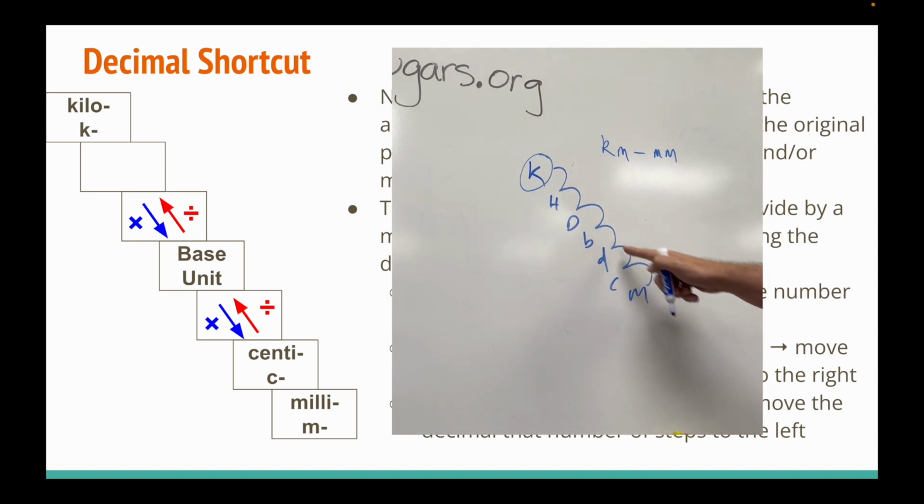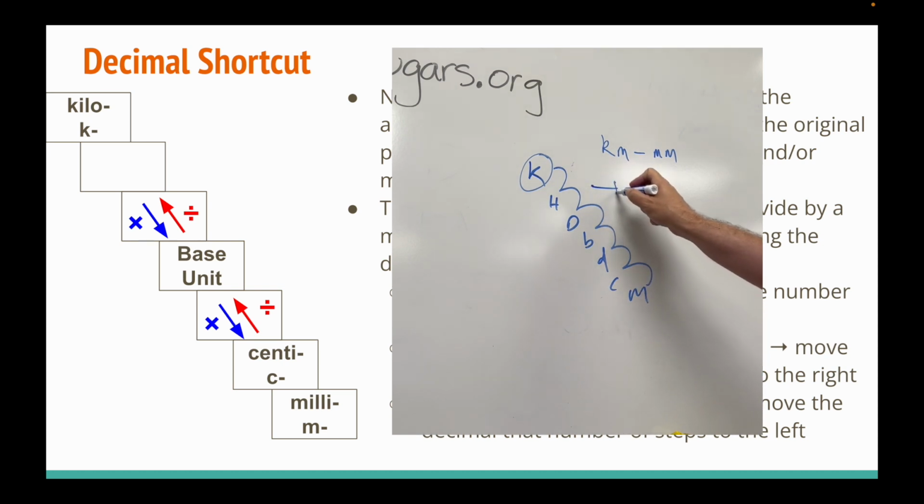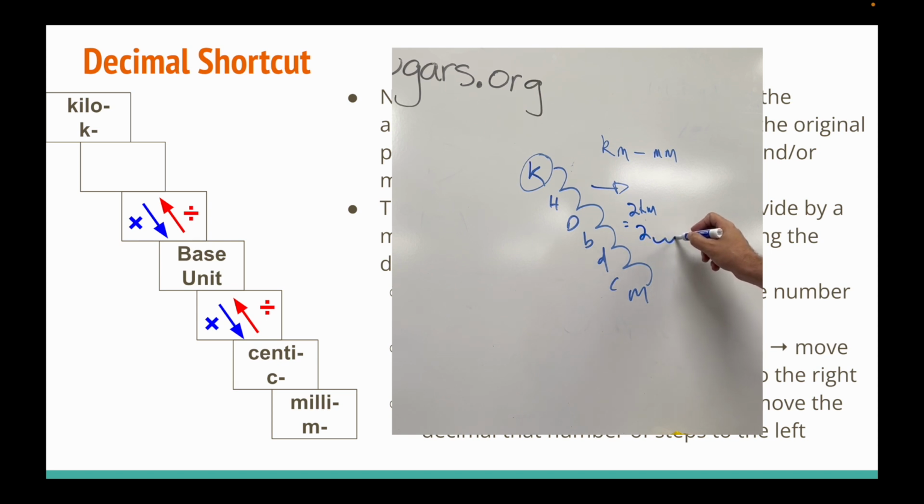I'm going to move it 6 places. But which way am I going to move it? I'm going to move it that way. So 2 kilometers is going to be equal to 1, 2, 3, 4, 5, 6. Fill in the zeros. So that's 2 million millimeters.